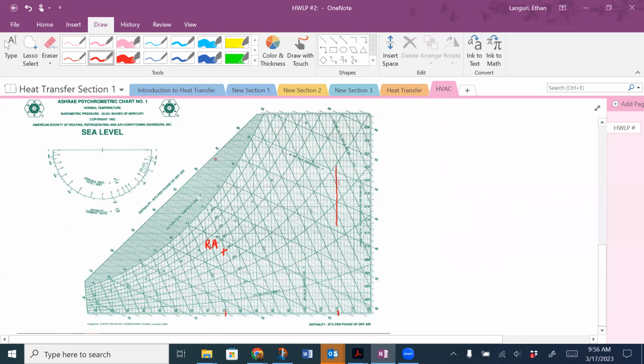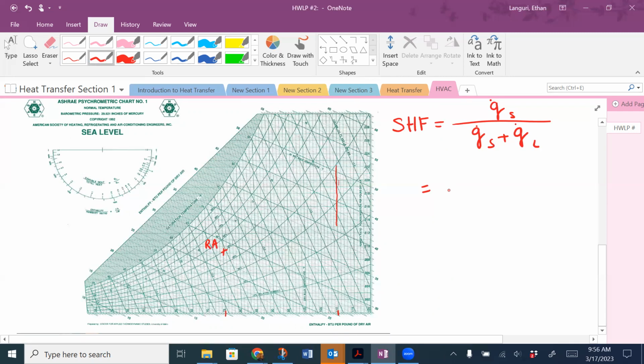How can I find that? I'm going to use the sensible heat factor. So let's find out what the sensible heat factor is, which is nothing but sensible heat of the space over total heat, which is the summation of sensible heat and latent heat, right?